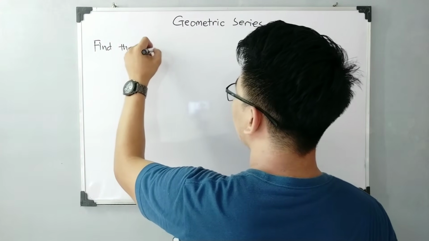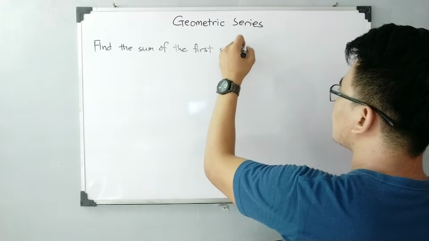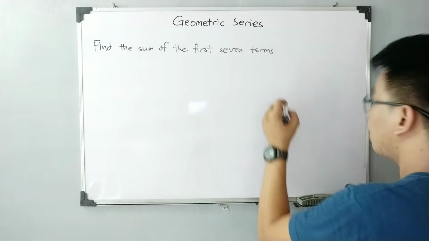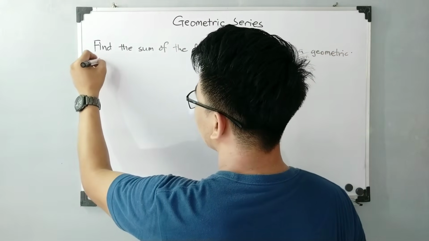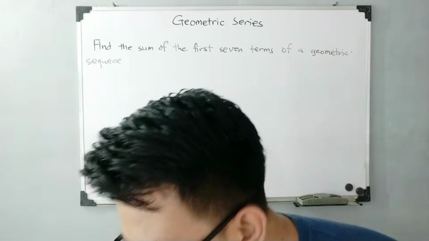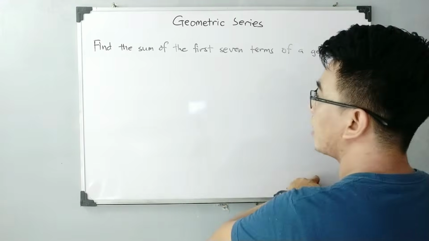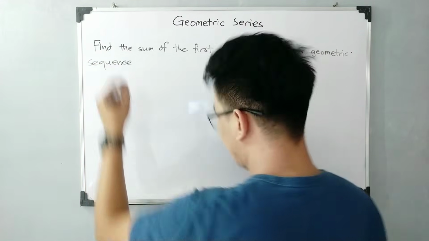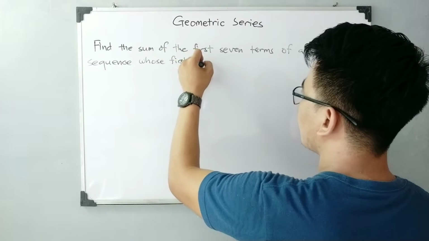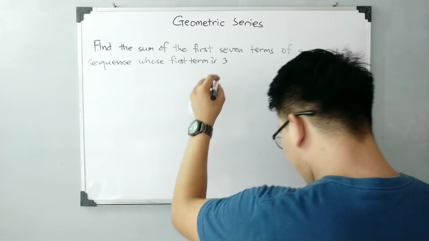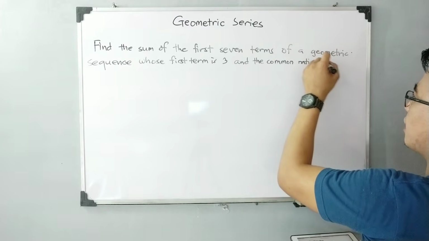Find the sum of the first 7 terms of a geometric sequence whose first term is 3 and the common ratio is 4.